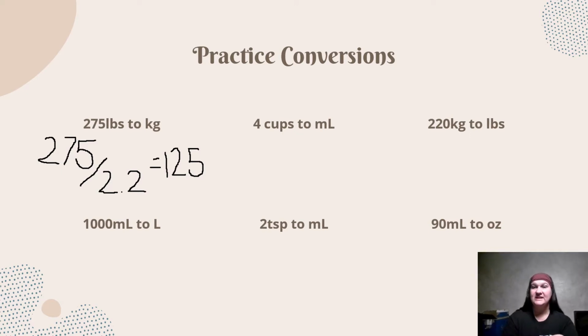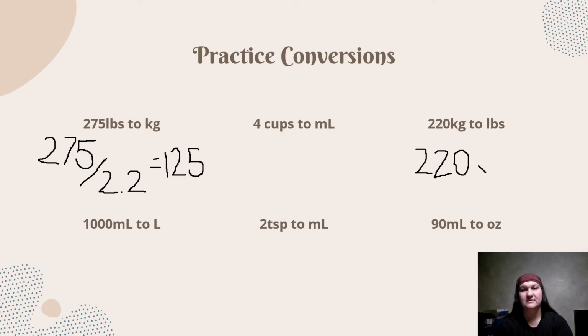And as you can see over here, we've got 220 kilos to pounds. So let's fast forward and show how to do it backwards. 220. Oh my gosh, I'm so sorry, guys. That looks like I'm starting to spell ZZ Top. 220 times. I wish there was a way I could type it out, but I can't.